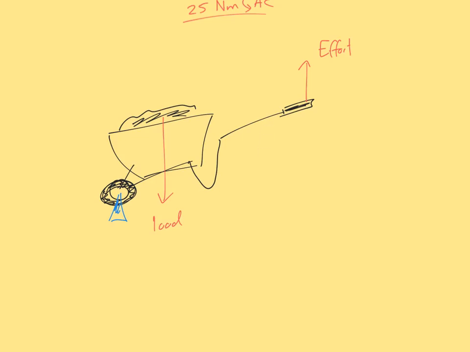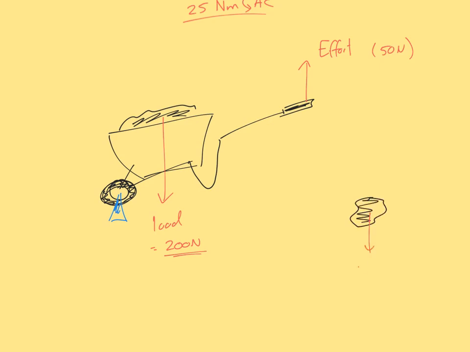So what this means is you can use this to lift something here that you could not normally lift. So let's say we've got a load of 200 newtons and your maximum effort that you can put in is just 50 newtons.